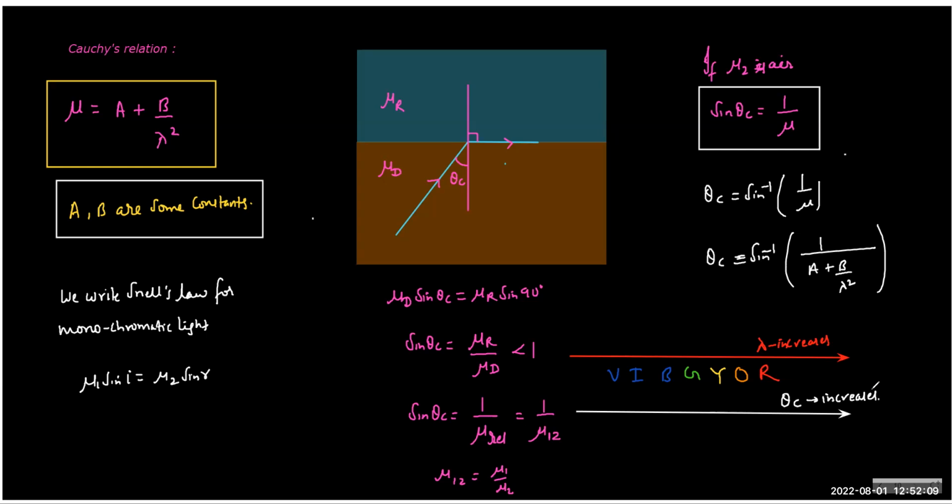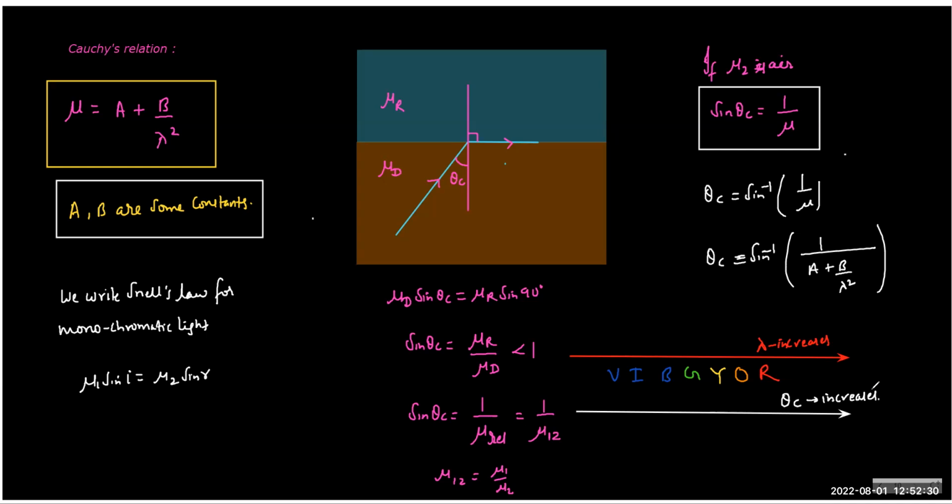For which color is the angle of incidence least? Simply tell me, what is the critical angle for violet, the least or the maximum?